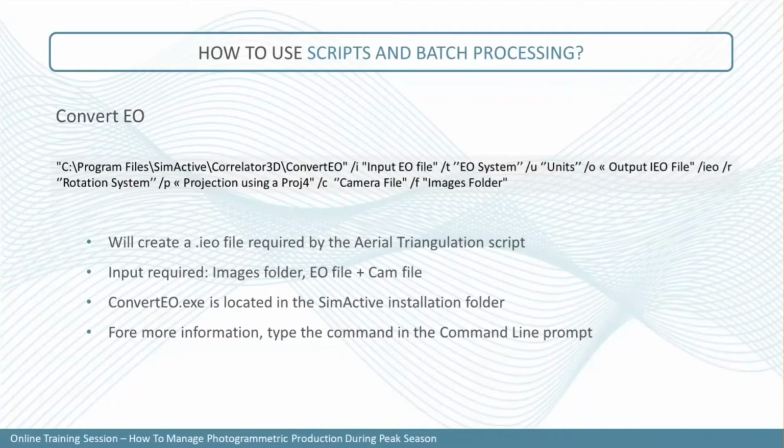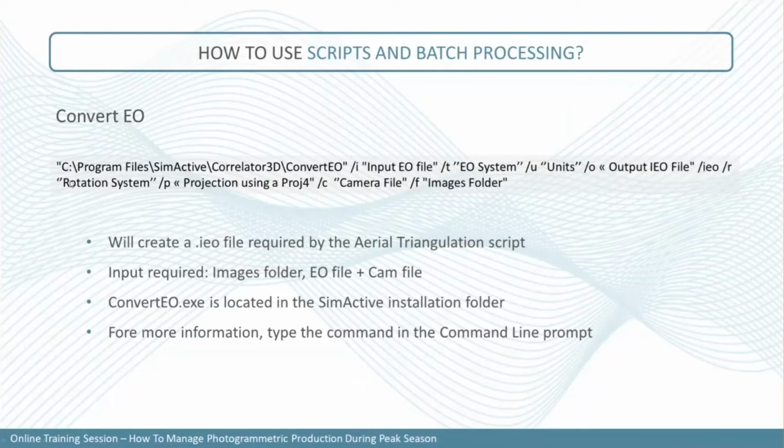So you can call here, as we see, the convert EO function. You're going to need the input EO file, so a text file that's going to have the geotag of all the images, the projection system of this exterior orientation information, the unit, either meter or feet. Also the output file where we want to store the EAO file.